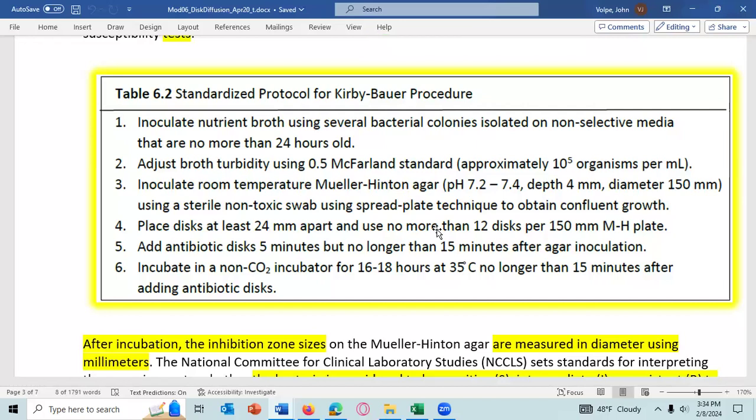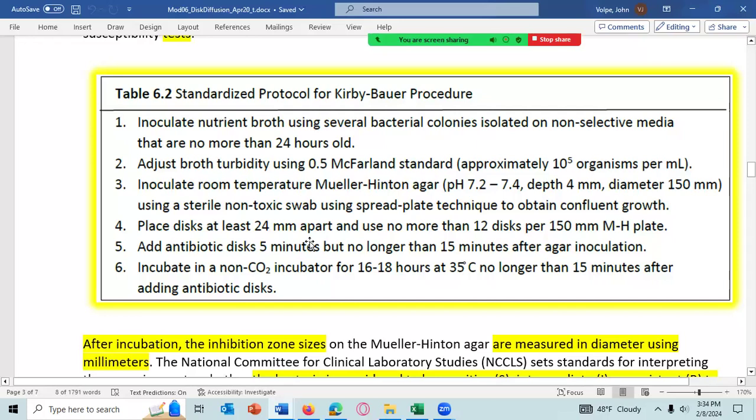You then allow the plates to sit 5 minutes to allow the broth to be absorbed by the agar, and then you place the disc containing the antibiotics on the plate, no closer than 24 millimeters to each other. So the discs must be 24 millimeters apart, no more than 12 discs per 150 millimeter plate.